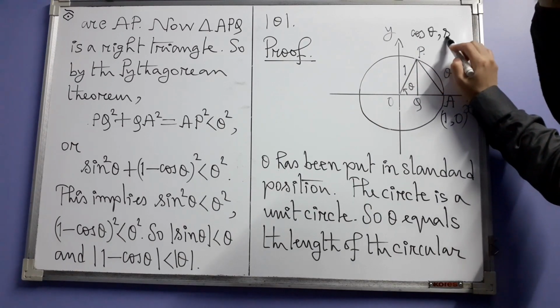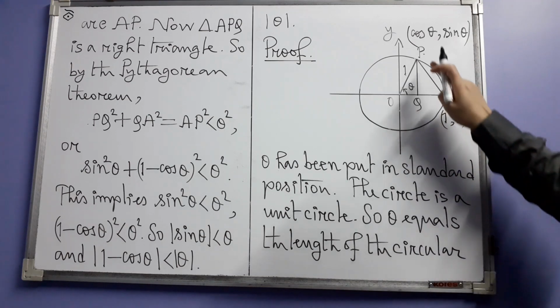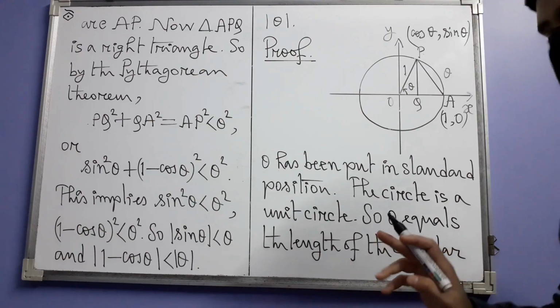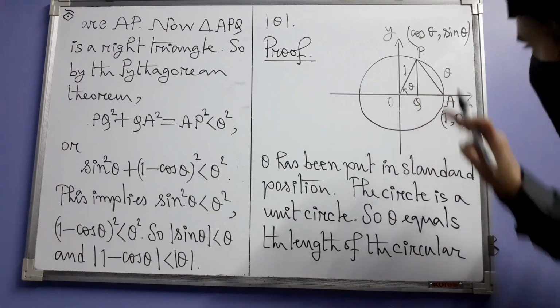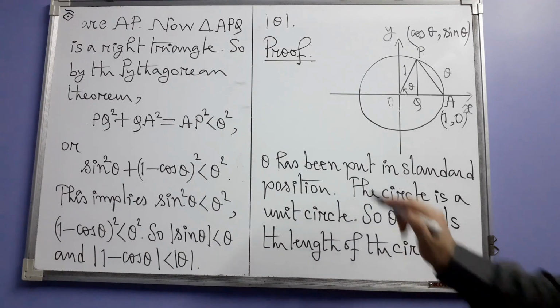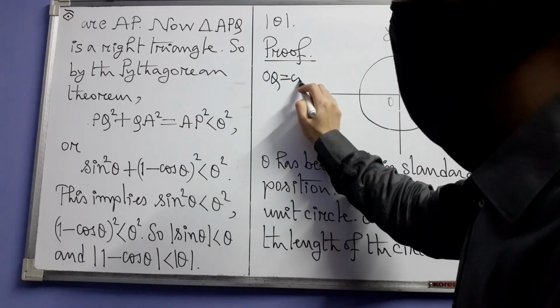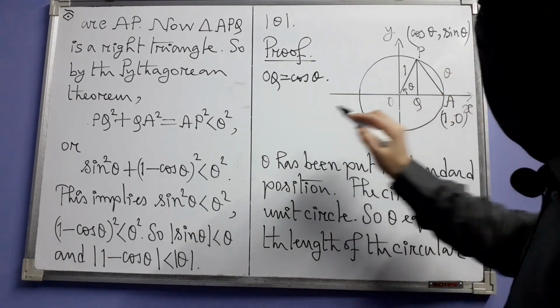Cos theta, comma sin theta. And by looking at where P is lying, in the first quadrant, cos theta means this length OQ is cos theta. Let me write here, OQ is cos theta and PQ is sin theta.